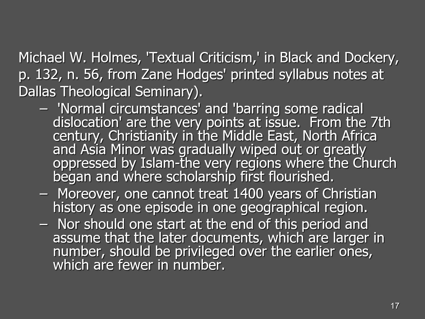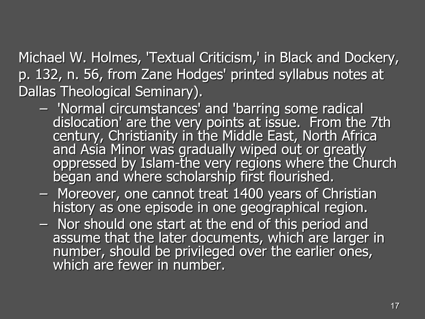From the 7th century, Christianity in the Middle East, North Africa, and Asia Minor was gradually wiped out or greatly oppressed by Islam, the very regions where the church began and where scholarship first flourished. Moreover, one cannot treat 1400 years of Christian history as one episode in one geographical region, as Hodges does.